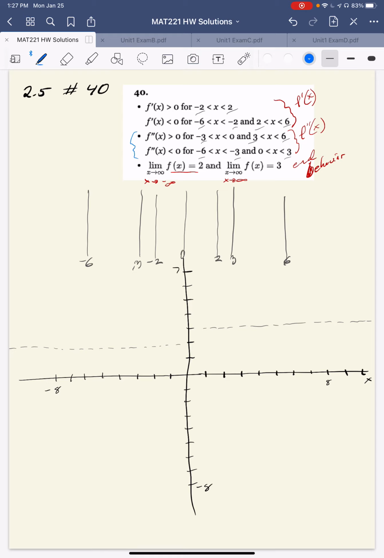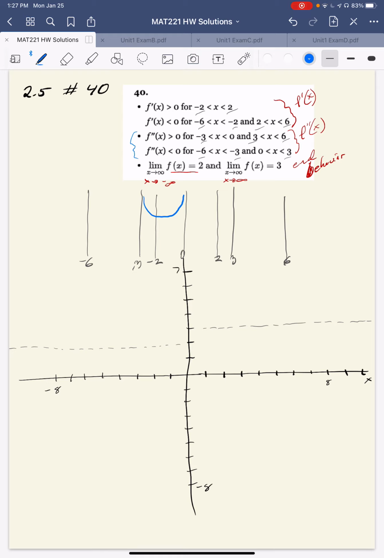So I am told here that the second derivative is positive when x is between -3 and 0. So from -3 to 0, my second derivative is positive. If my second derivative is positive, that means I am concave up. So I'm going to just draw this concave up symbol over here from -3 to 0.